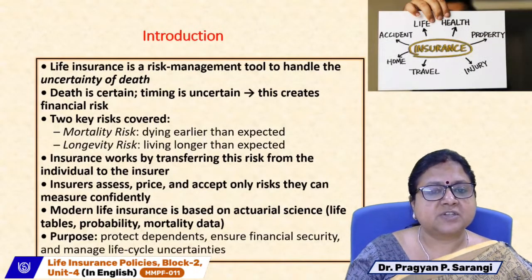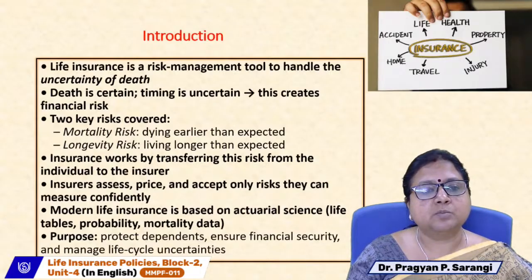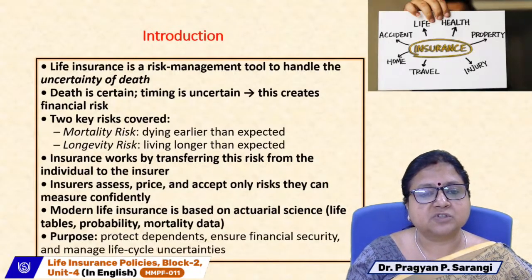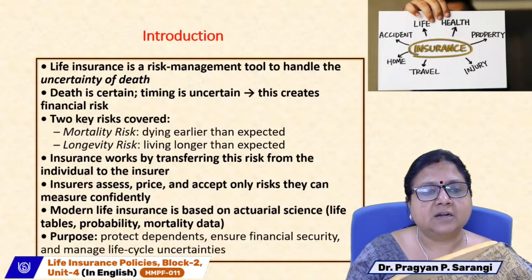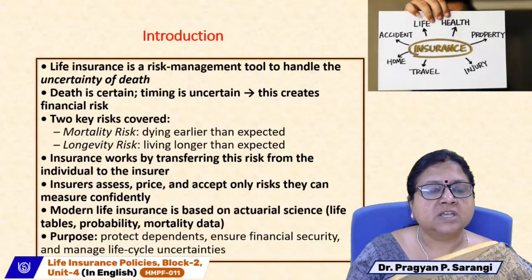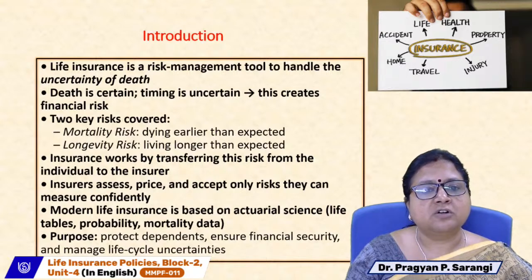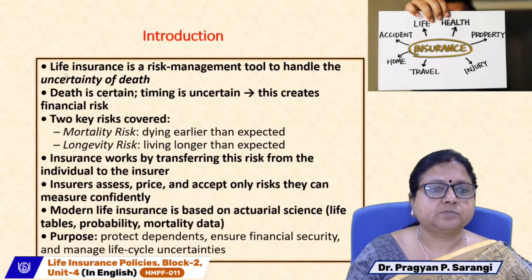Now, in the previous sessions, we have understood that broadly speaking, there are two types of insurance. One is life insurance, which covers the death uncertainty of a person, and the other is general insurance, which covers the other, non-life products. So life insurance basically is a risk management tool which handles the uncertainty of death.